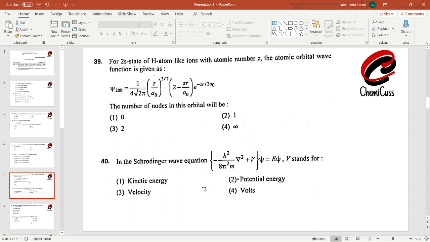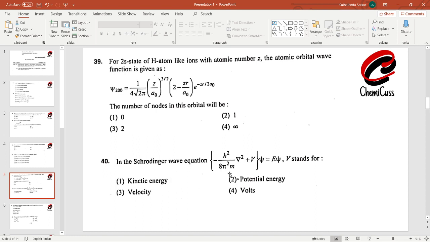Next, we have this Schrodinger equation, and the physical meaning of this equation is, if we have this equation, all the terms are known, where h is Planck's constant, m is the mass, and the delta function, and then plus V psi equal to E psi. So we can tell that V stands for many things. Like we know V is velocity.